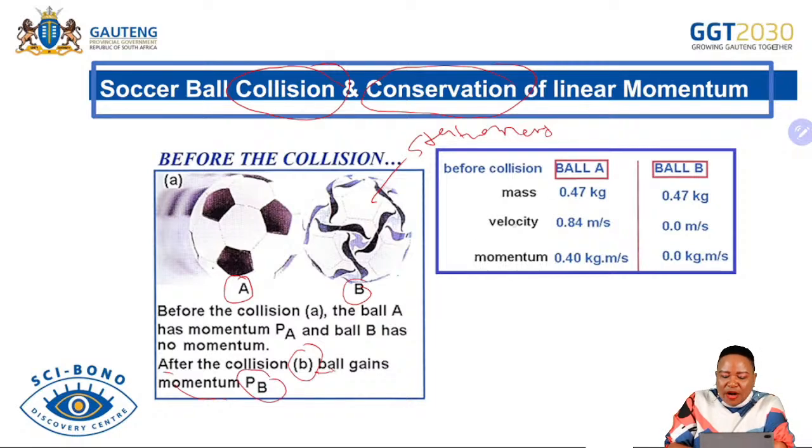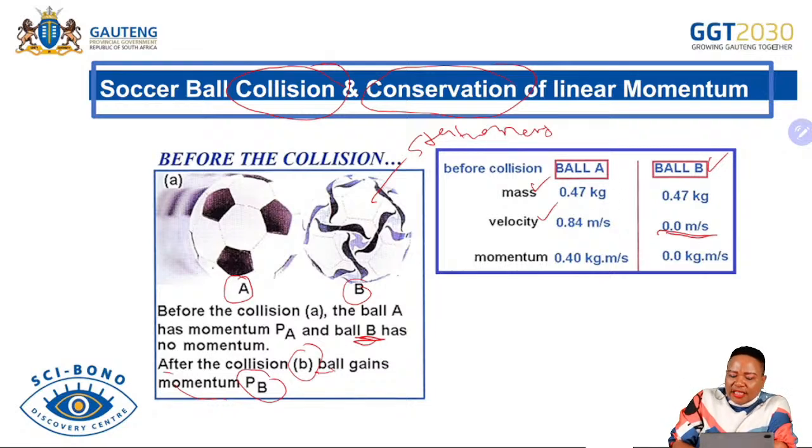So let's say we have ball A of mass 0.4 kg and the velocity of ball A is 0.8 meters per second. Ball B obviously will have mass, even though we say it does not have momentum. What makes the momentum of ball B 0 is that it is at rest, it is not moving, it is stationary. Those are the words that we normally see during our examination, stationary or at rest.